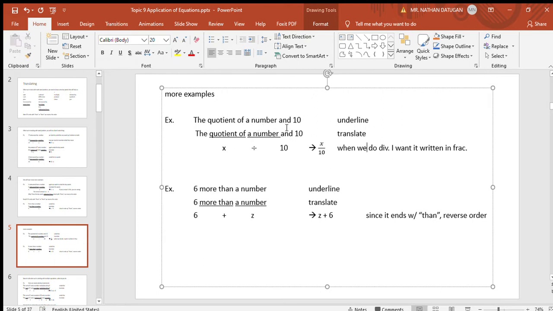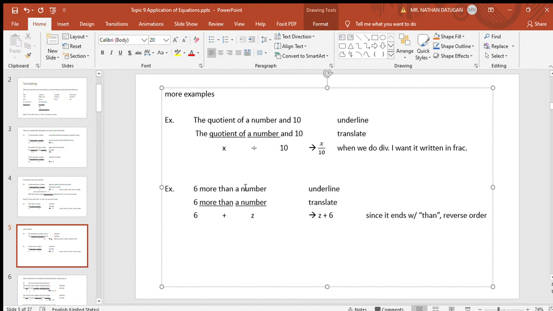And the order is basically left to right. Since it doesn't say the order is reversed, a number comes first and then 10. X and then 10. Got it?